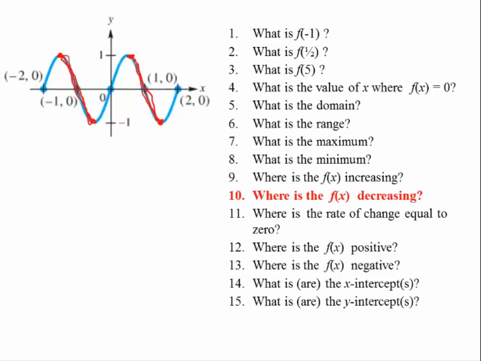So we have two regions where f of x is decreasing. So this would be -1.5 to -0.5, and from 1/2 to +1.5.